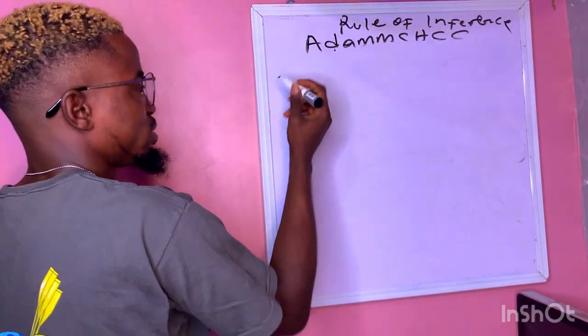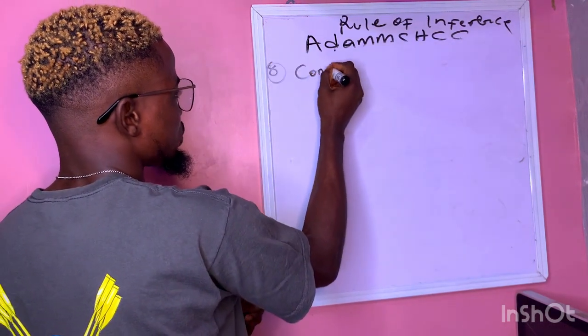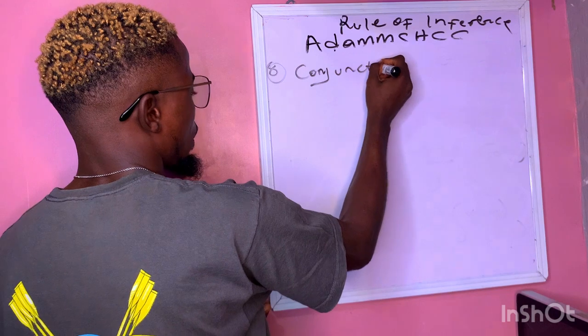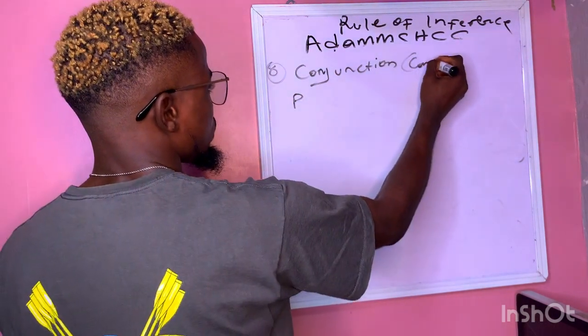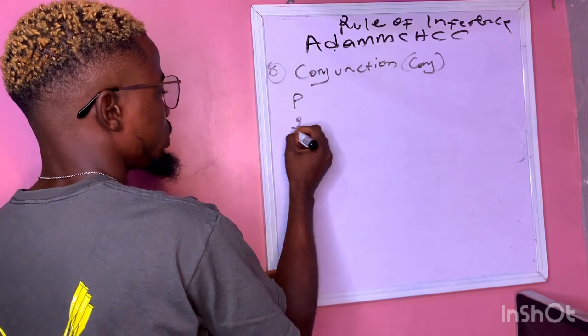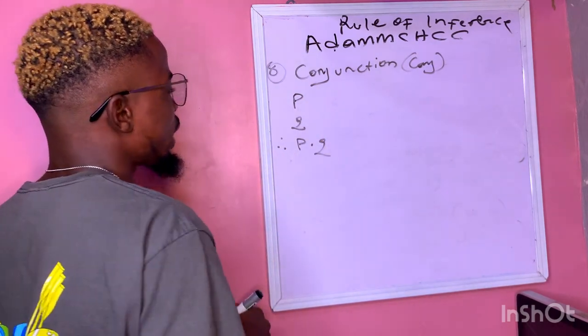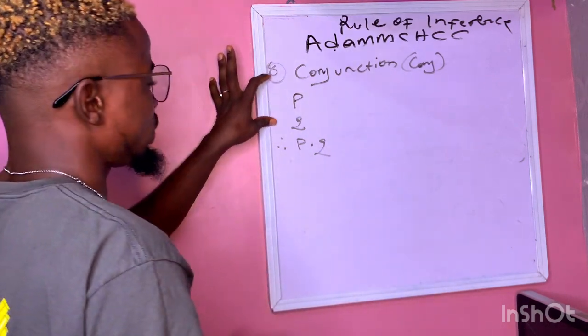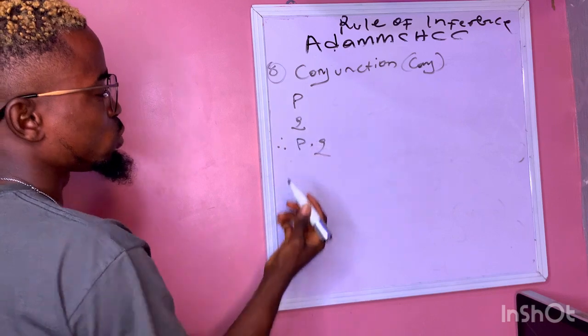Then the next one is one of the simplest. That's number 8, conjunction. Conjunction is saying P, Q, therefore P and Q. In other words, if you have a different variable on different lines, you can use this conjunction sign to join the two of them together.